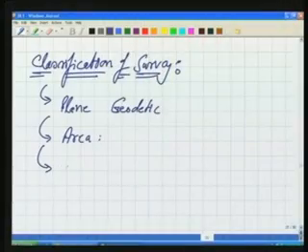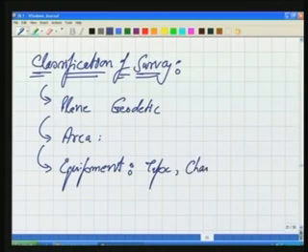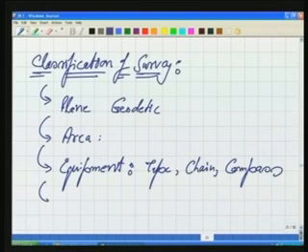Also, we can do the classification based on equipment. What equipment are we using? Are we using tape, chain, compass, theodolite, total station, GPS, as we will see later on. So, we can classify our survey this way also.